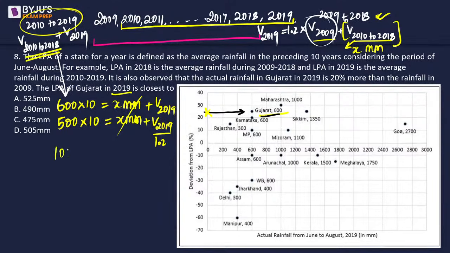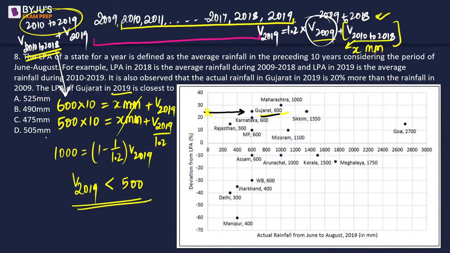So we will have 100 into 10, 1000 is equal to 1 minus 1 by 1.2 into V2019, which is going to result in V2019 being a value less than 500. थोड़ा सा 500 से कम. 475 is way too accurate.